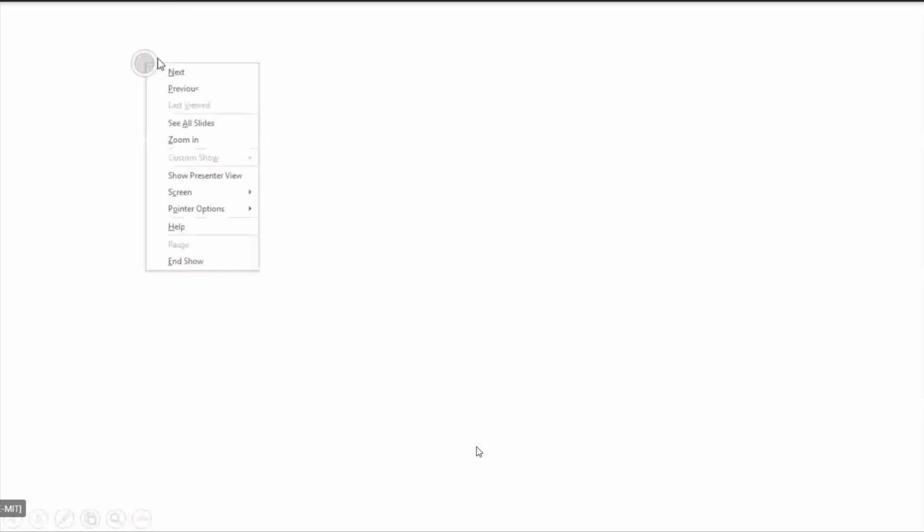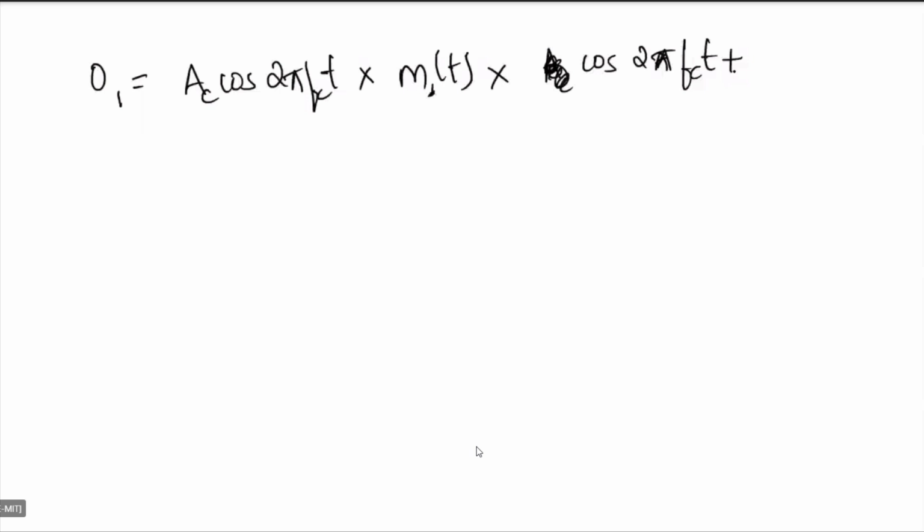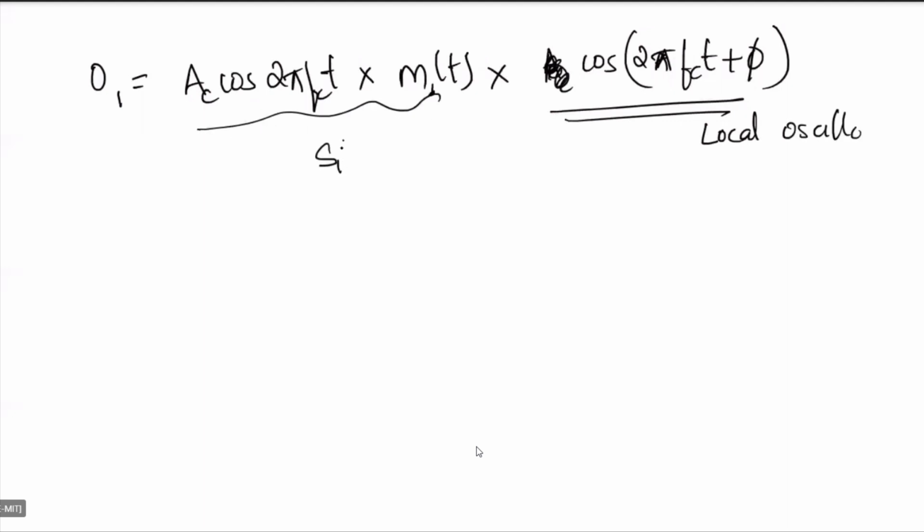So here O1 is Ac cos 2 pi fc t into the message signal m(t), multiplied by cos(2 pi fc t plus phi). Let us forget the amplitude of the local oscillator, we are not bothered about it. This is the locally generated signal, and this is the incoming DSBSC signal. Are you okay with this much?